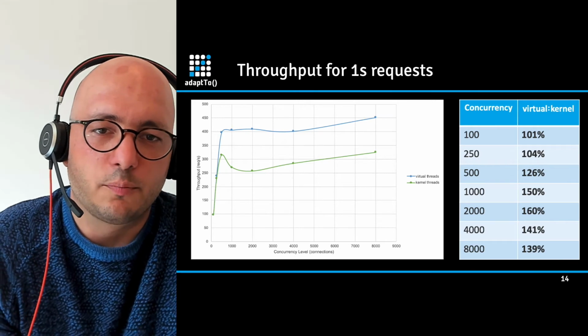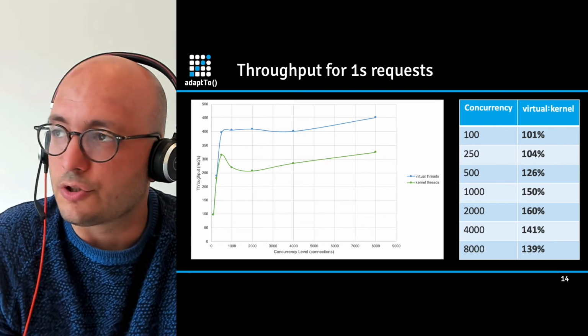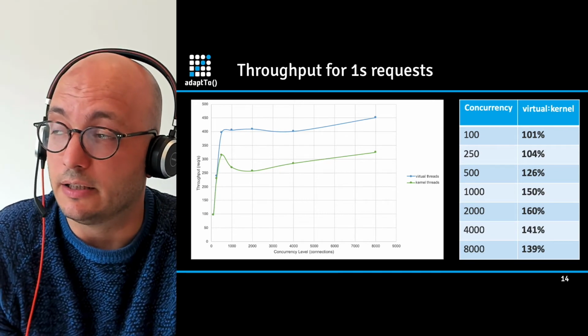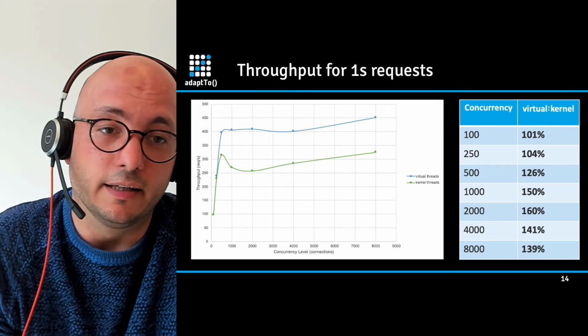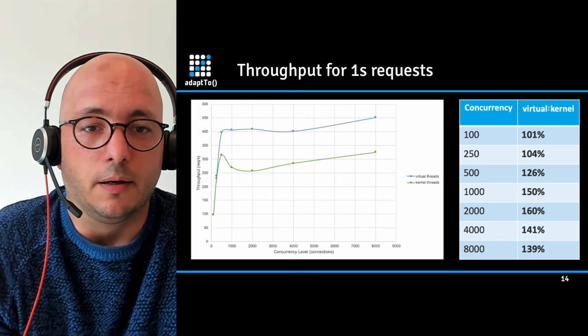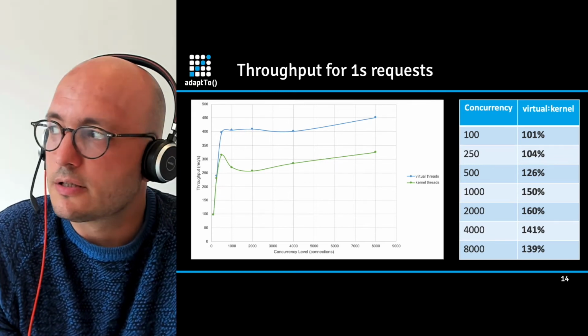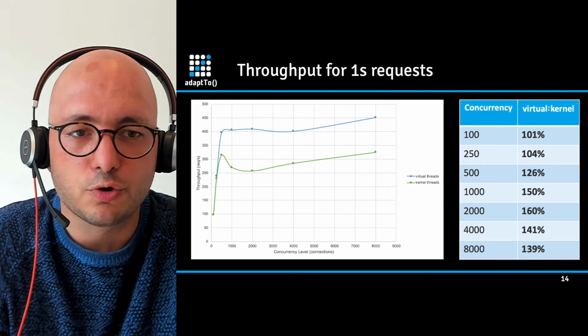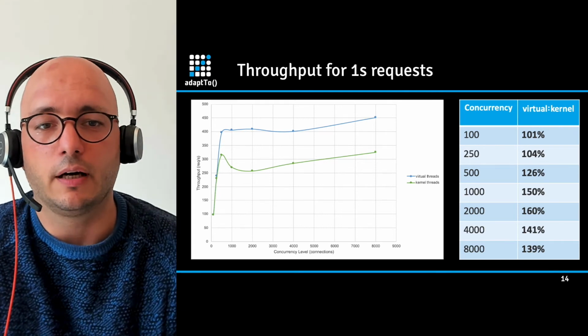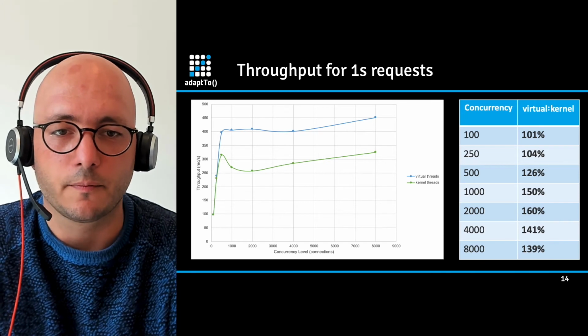Those are only preliminary results, but they show a pretty appealing increase and the opportunity to save resources. After the Loom release, potentially this throughput gain will even increase, but for now it's already quite promising.